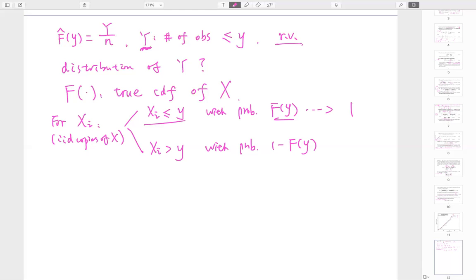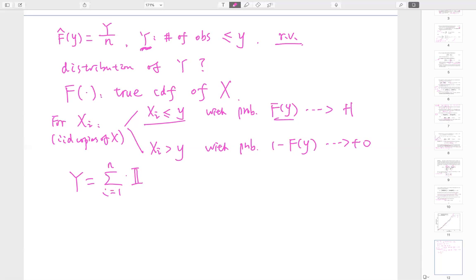If it's less than or equal, it will be added to the count. If it's greater than, then this is no. So now you see what big Y is: big Y is the counting.